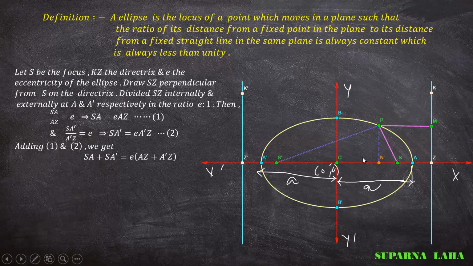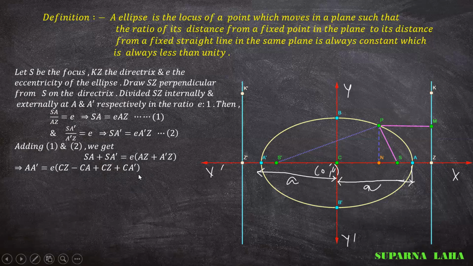Okay, and for AZ and A dash Z, this total distance we can write as AZ equals CZ minus CA, and A dash Z we can write as CA dash plus CZ. Look here, CZ plus CA dash.